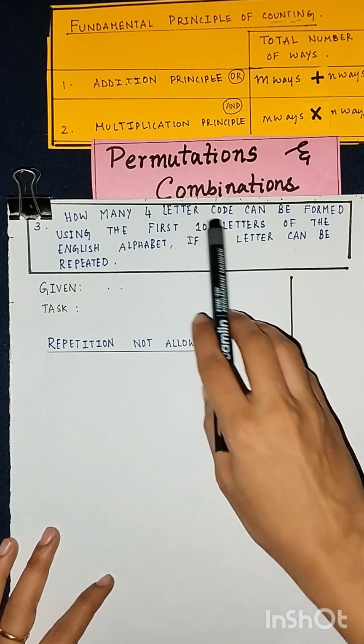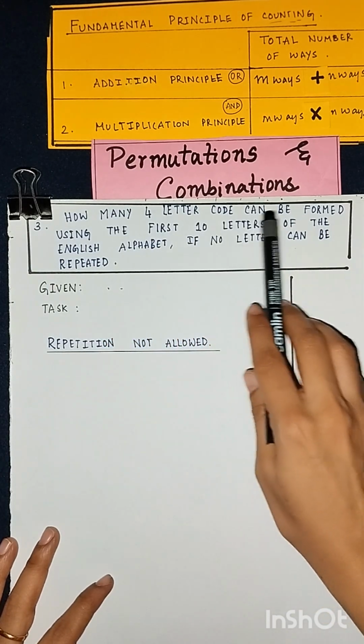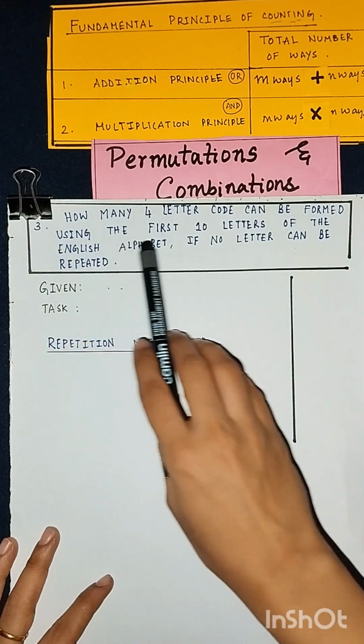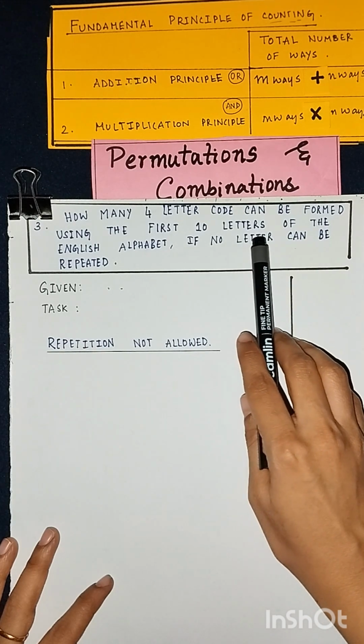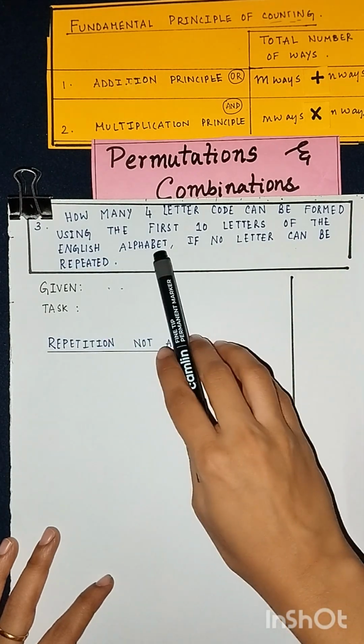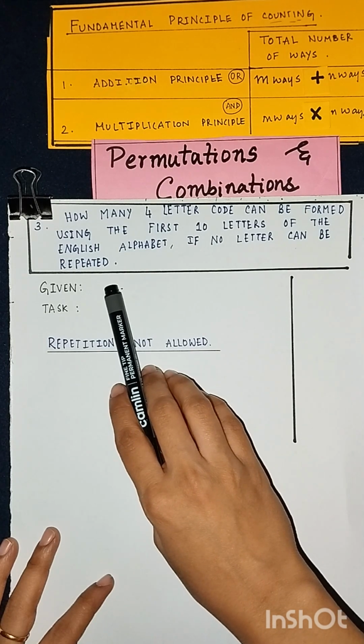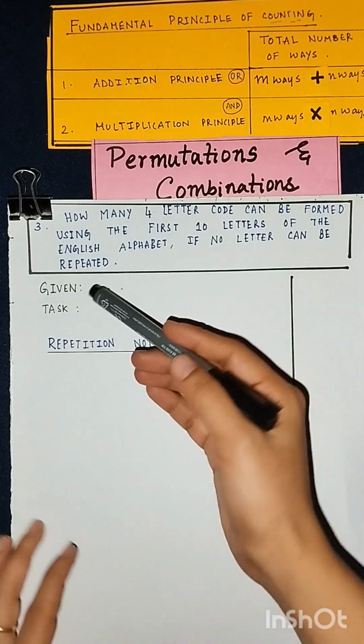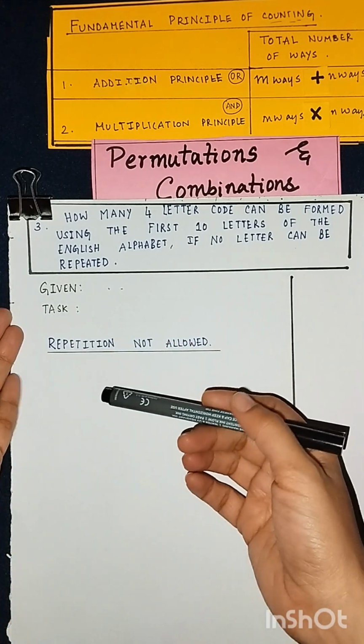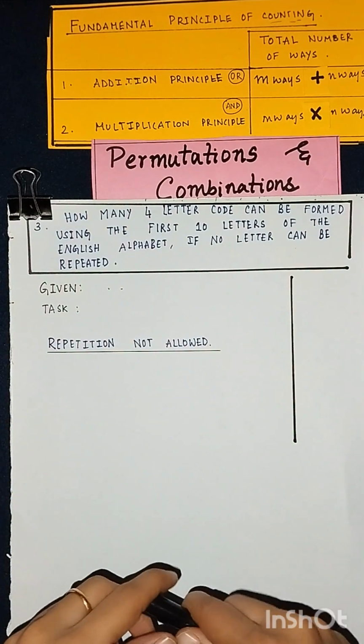How many 4-letter codes can be formed using the first 10 letters of the English alphabet if no letter can be repeated? So here we have made a list of the given part and what task we have to perform.